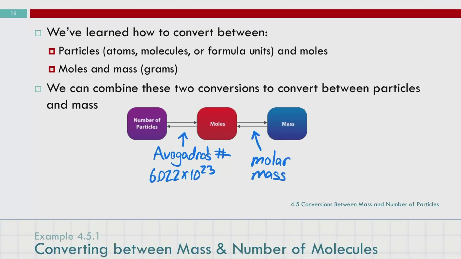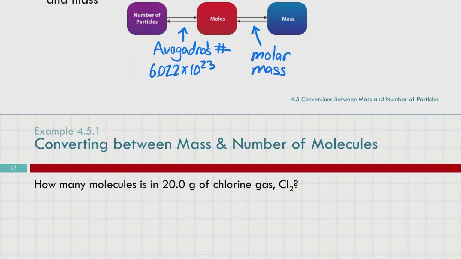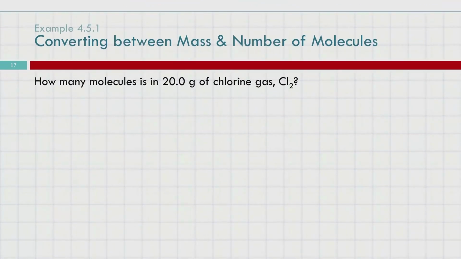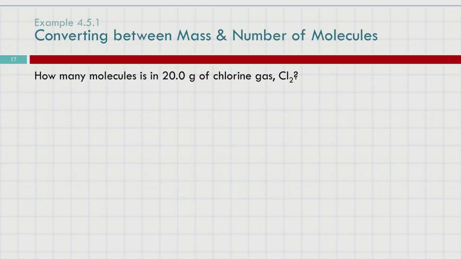And we can work this left to right or right to left. So an example of this: how many molecules are in 20 grams of chlorine gas? So we're given that it's chlorine gas.